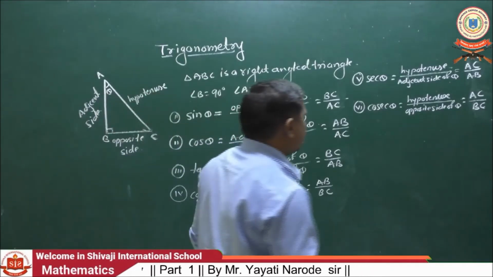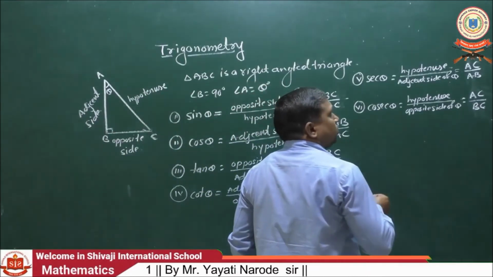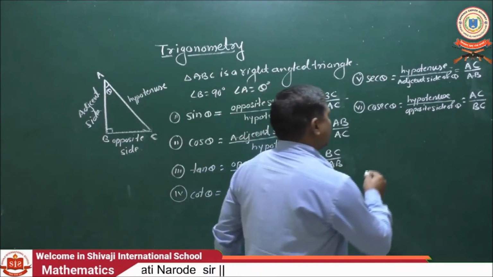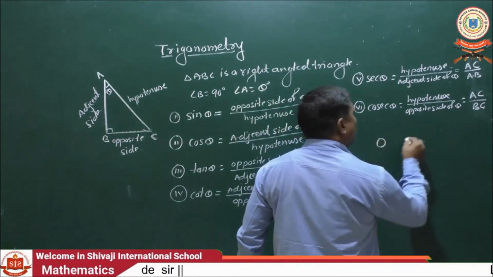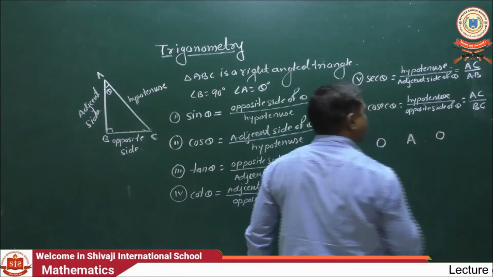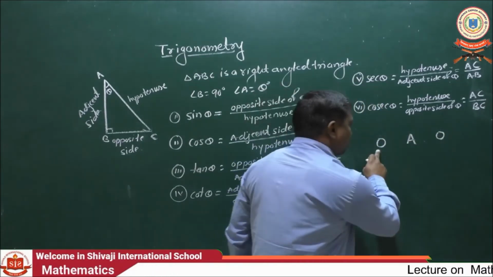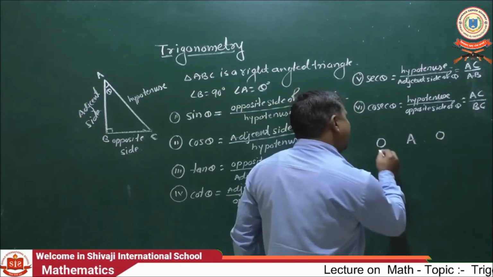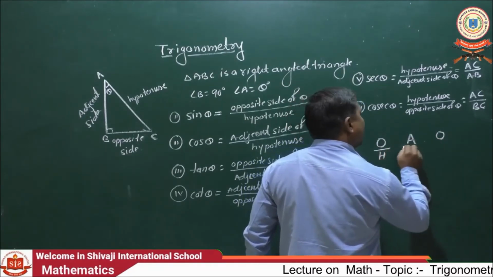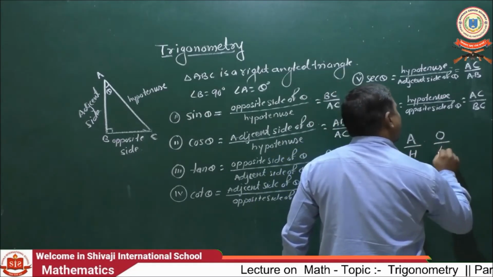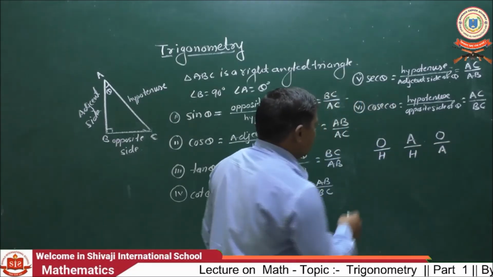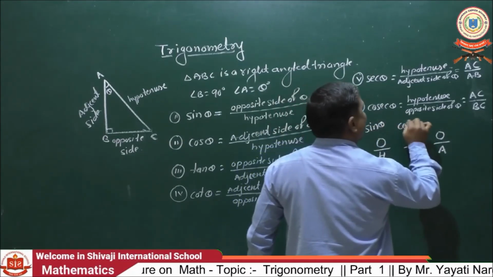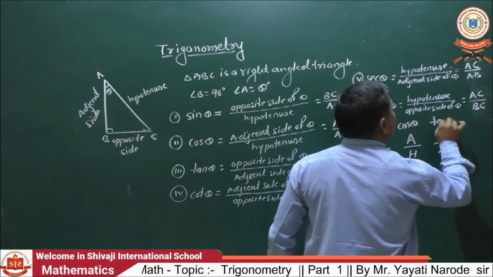Here is the simplest way to remember the trigonometric formulas; I will tell you a simple method. O means opposite, A means adjacent, and H means hypotenuse. Taking O divided by H, A divided by H, and O divided by A, this ratio is sin theta, this is cos theta, and this is tan theta.